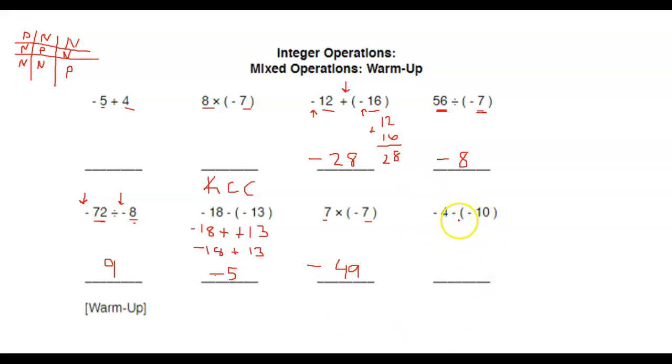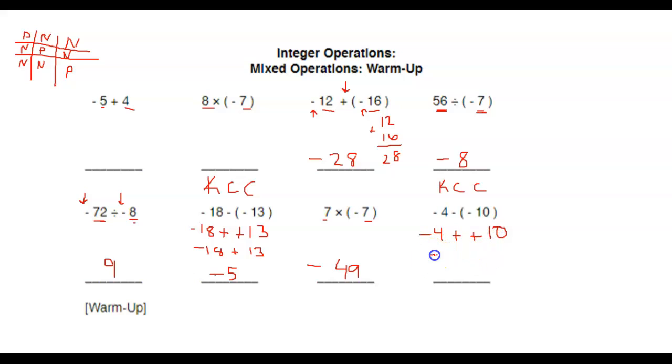All right, over here, we are subtracting. So again, we do keep, change, change. I'm going to keep -4 the same. I'm going to change the subtraction to addition. And then I'm going to change the -10 to a +10. Keep, change, change.